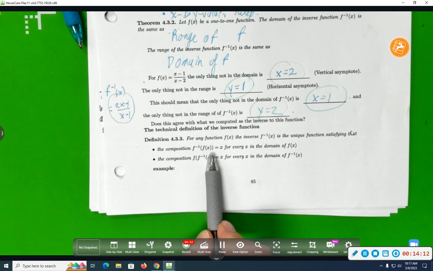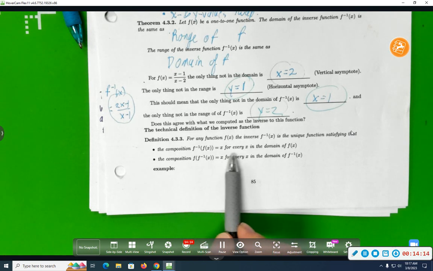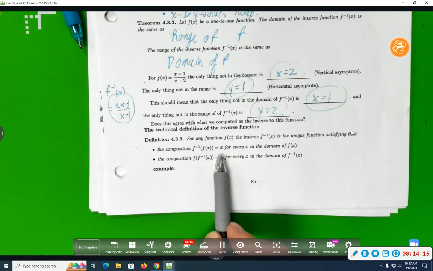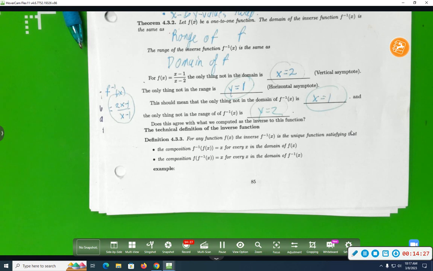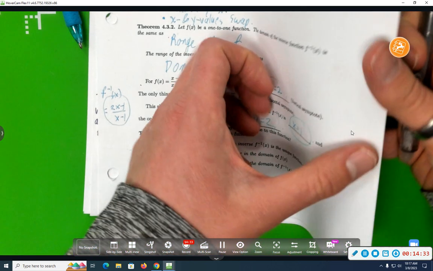If you compose the inverse of a function with the original function, you should just get the input back. So f inverse of f of x is equal to x, and f of f inverse of x should always be equal to x. So if we actually believe that this function's inverse is the thing we computed, we should be able to check that by doing some function composition. Let's do exactly that.